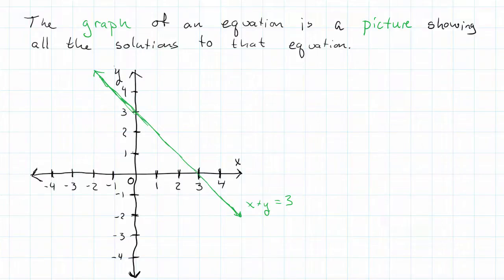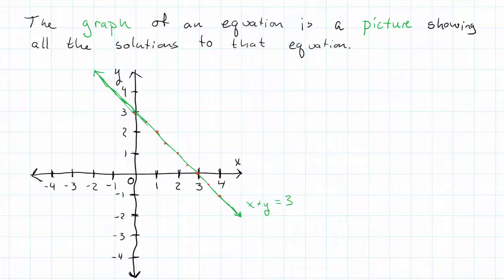What it means to say that this is the graph of x plus y equals 3 is to say that every point on this line has the property that its x-coordinate plus its y-coordinate equals 3.